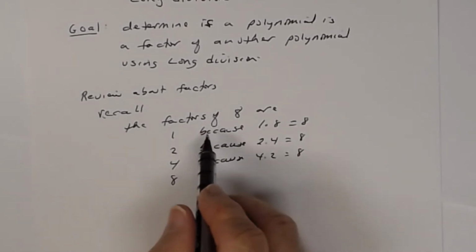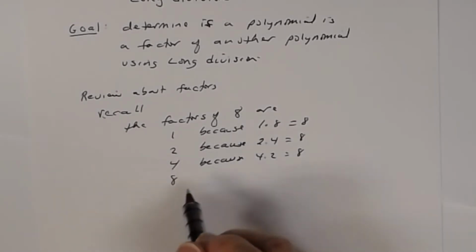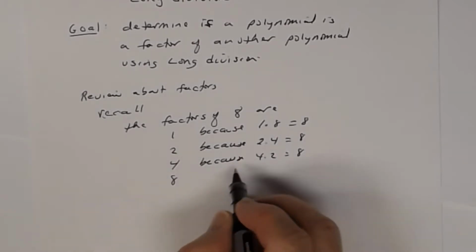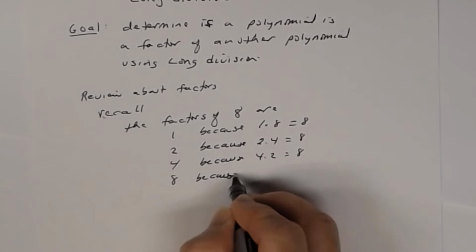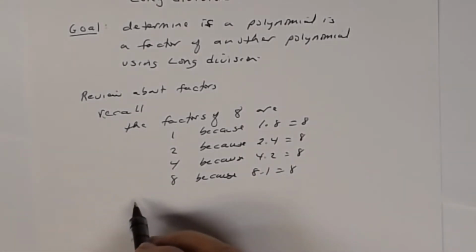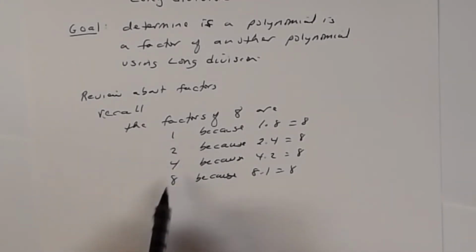Remember, every number is a factor of itself, because 8 times 1 is 8. So those are the factors of 8.